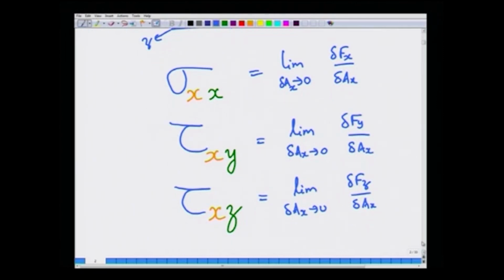Now, let me explain the reason for the two subscripts. The subscript in the orange color refers to the direction of the unit outward normal to the surface on which we are considering the forces. So, this tells you the orientation of the surface.